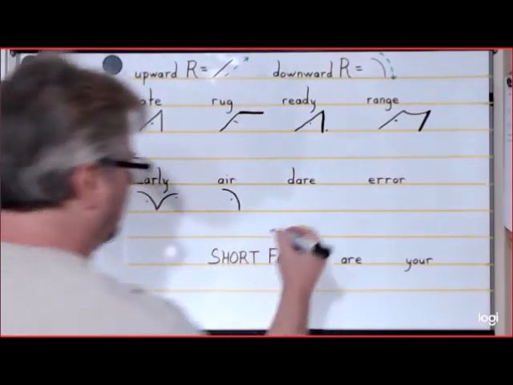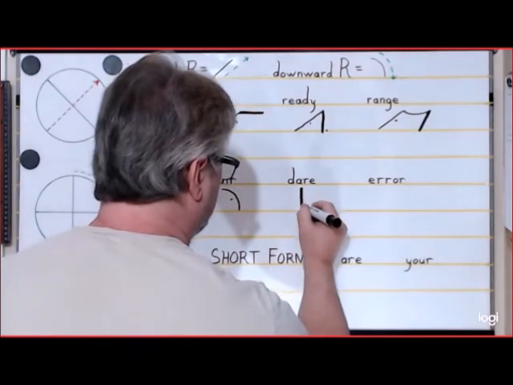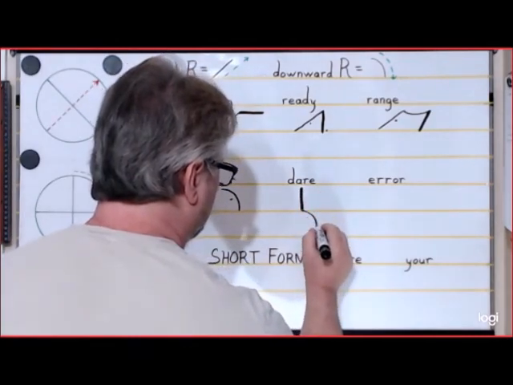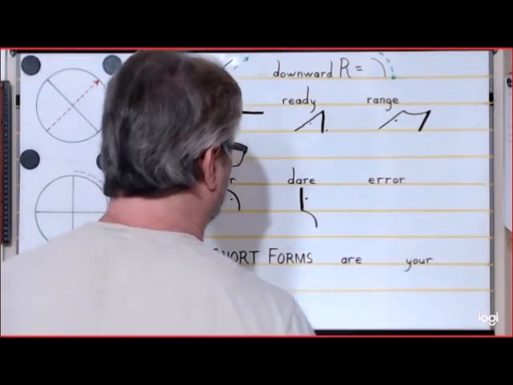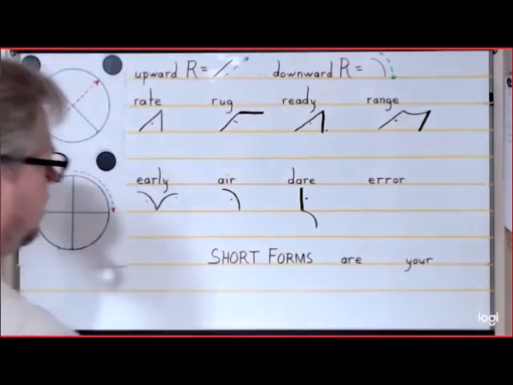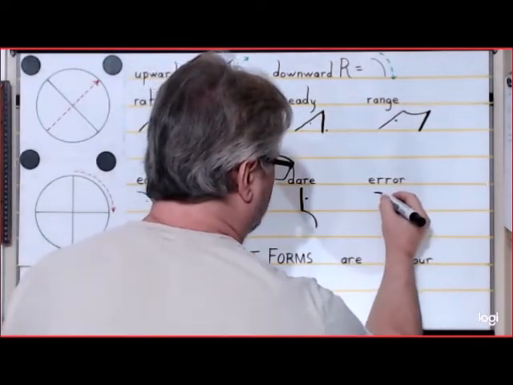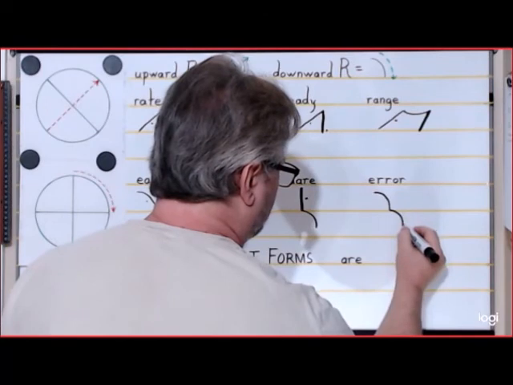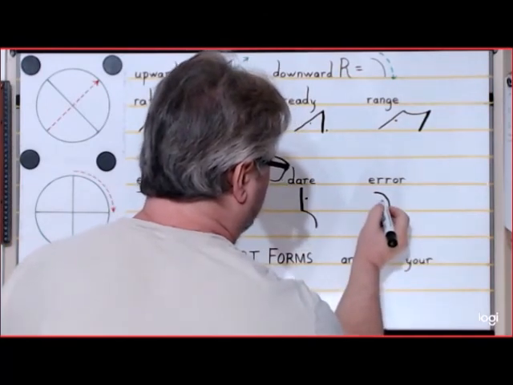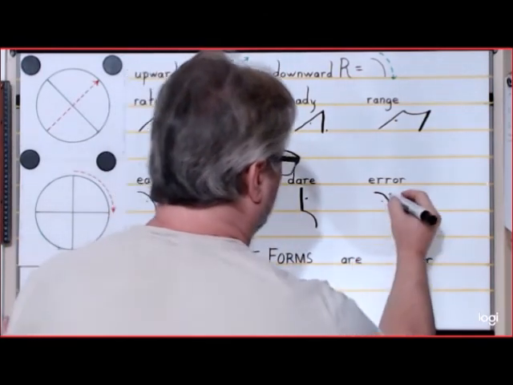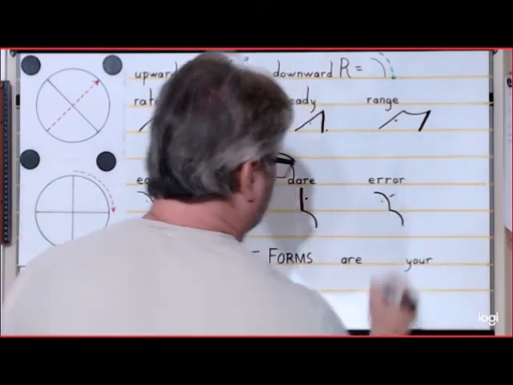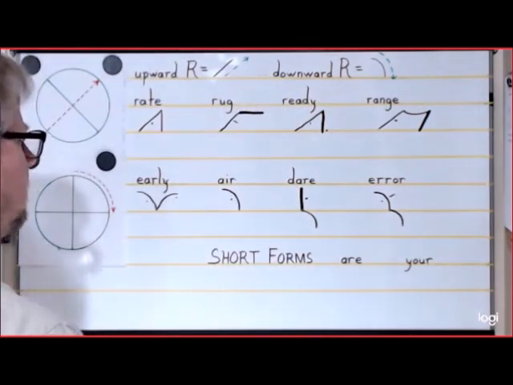The word dare is a D, a downward R, with a heavy dot here. For the word error, it will just be two downward R's, with a light dot before the first R, and a light dash after the first R.